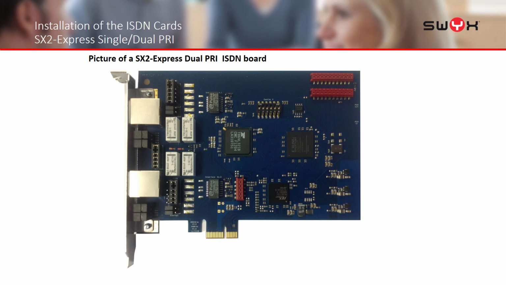Here's a picture of the ISDN 30 board. This is actually a dual board. Like before, it has two sets of jumpers here for NT and TE mode. We also have an additional jumper here. The additional jumper is used to set the board up for our standby mode.